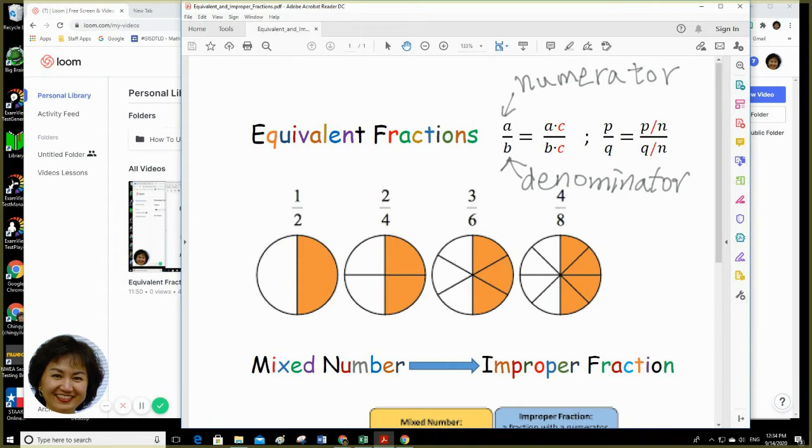The denominator tells us how many equal portions or equal parts the whole thing is divided into. The numerator tells us how many parts you are taking from those divided parts.